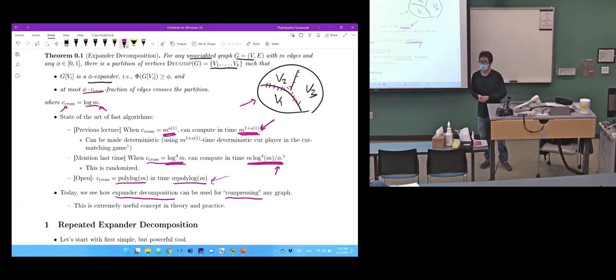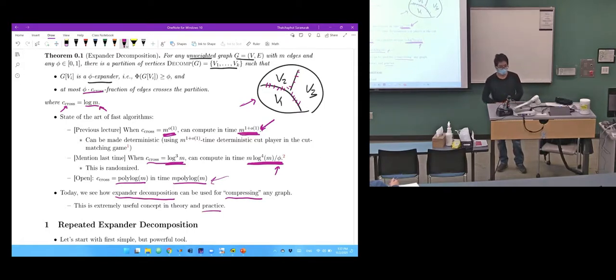So this is very useful. You can use it in practice for sure, like just compressing things. This is a very natural concept. But this compressing of graphs is also useful in theory, because once you compress a graph, then you can just run some algorithm on top of that graph.